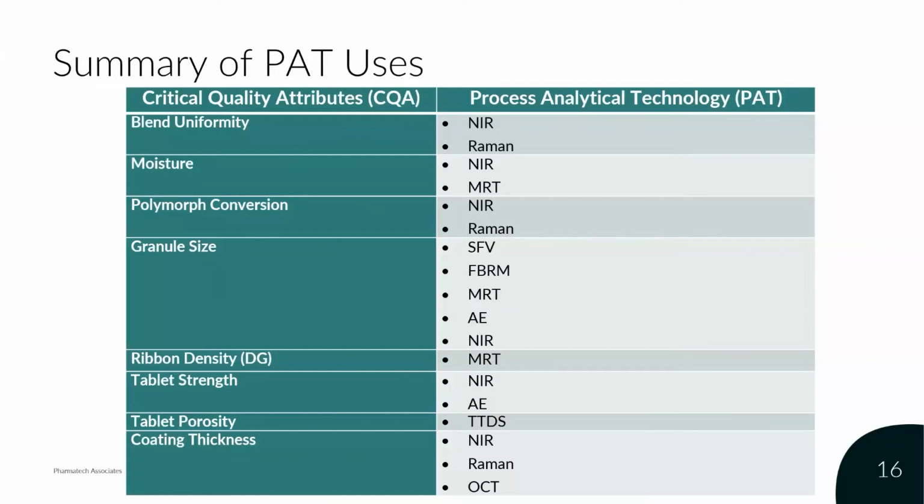Granule size, of course, ribbon density for a dry granulation process like roller compaction, the strength or friability, if you will, of the tablets, as well as their porosity and coating thickness. All of these things we can nail down with process analytical technology. And based on that, we can reduce the amount of time that it takes to test these in the lab. We can release them using our process analytical technology data. We do not have to take another sample and then send it to the lab.